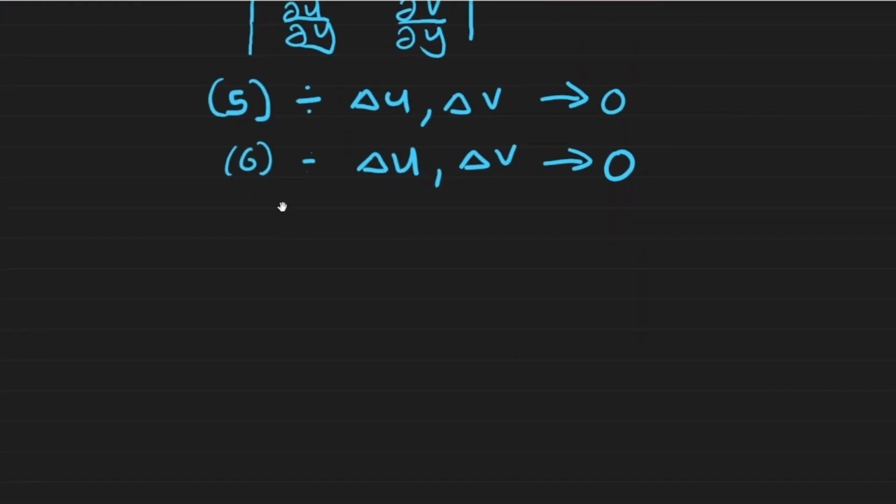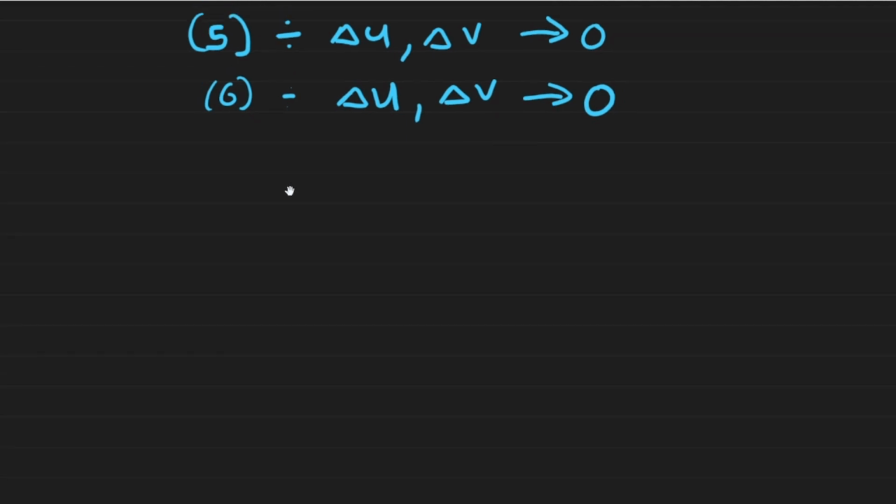So once we do all of that, we're going to end up with the relations that ∂x/∂u is equal to ∂v/∂y divided by the Jacobian.